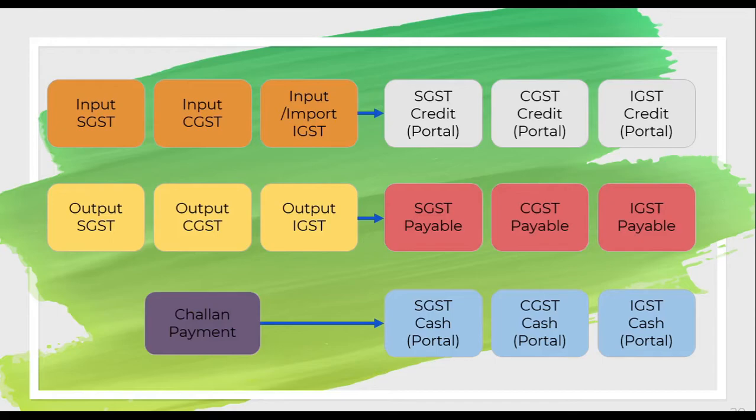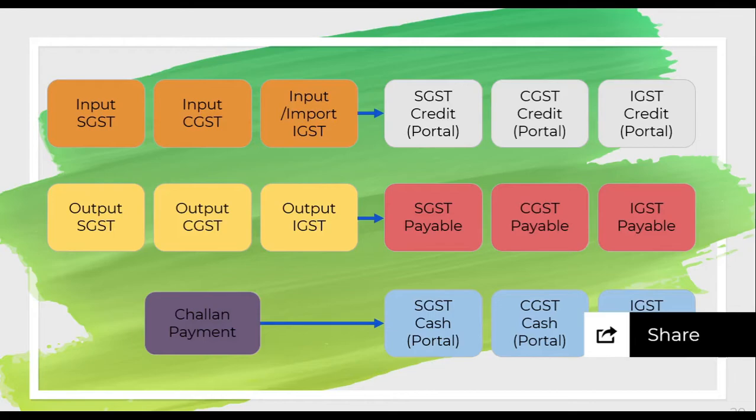Now you have so many ledgers, and every ledger will be in your books of accounts. So how can you adjust all these entries so that your burden for reconciliation will be very less? Let's get started.